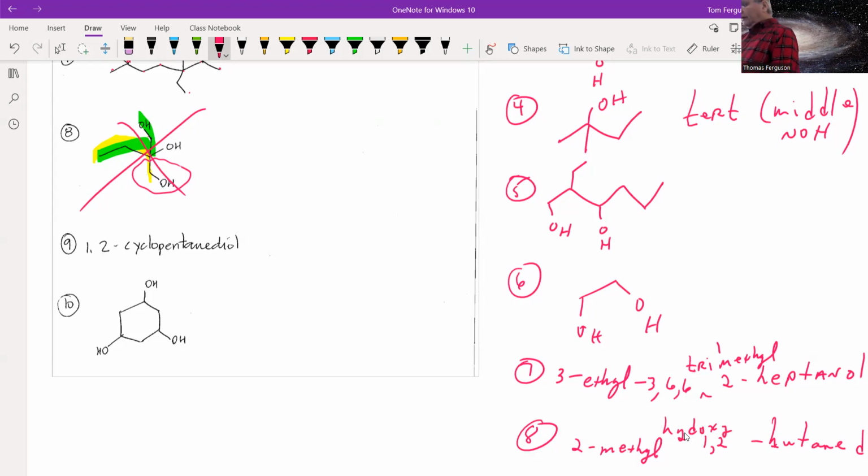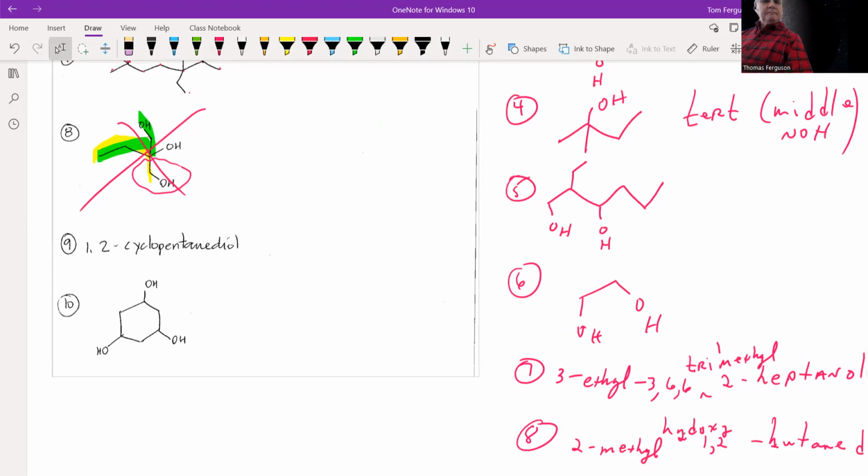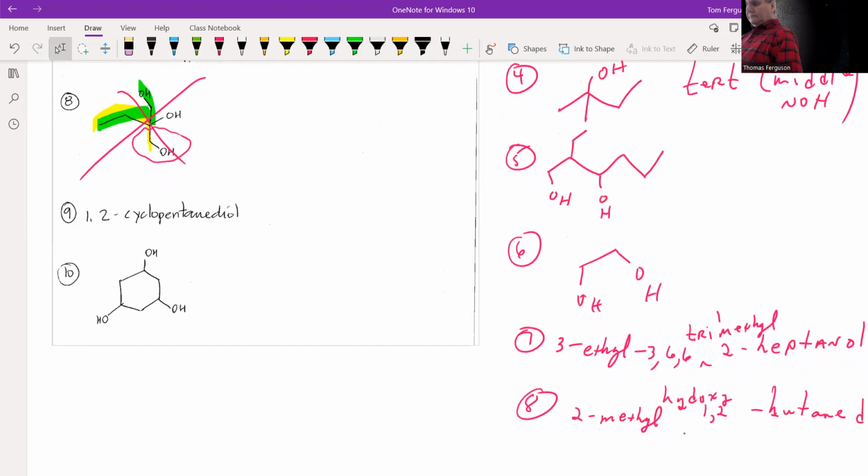So it'd be 2-methyl hydroxy, 1,2-butane diol. And again, I would not have that on the test. But the way you'd name the branch would be a methyl hydroxy or an ethyl hydroxy, something like that.